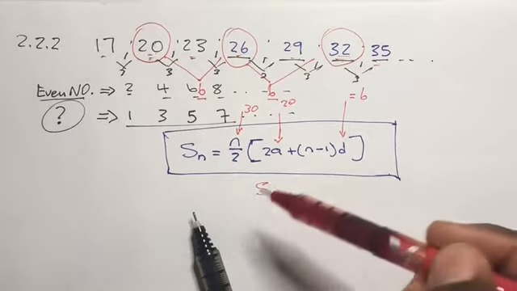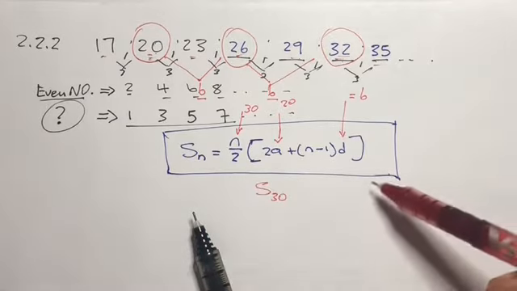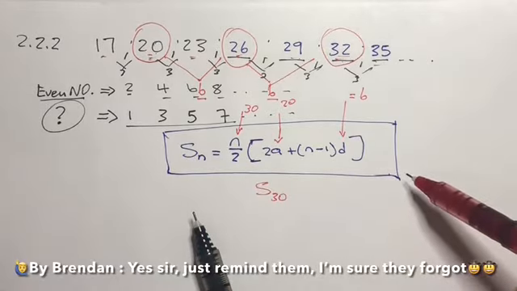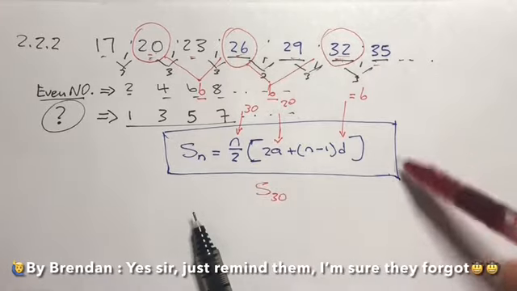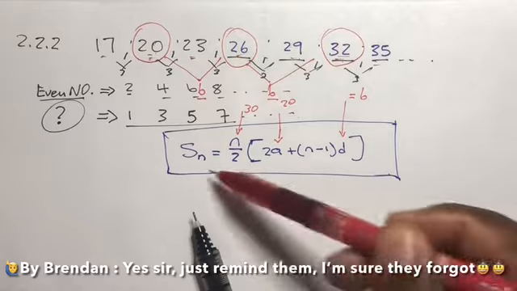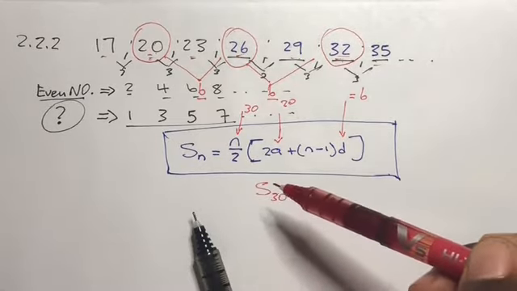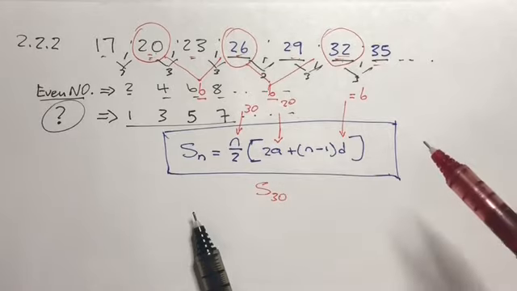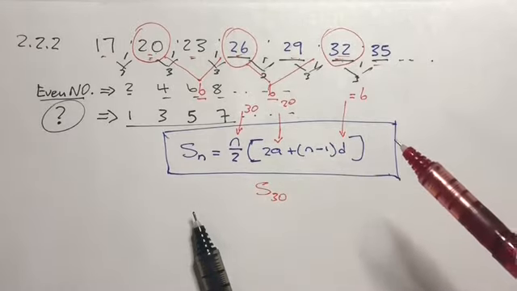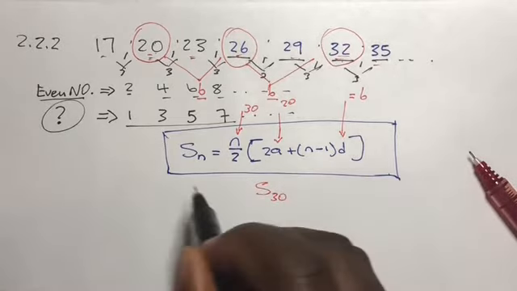So I'm not sure if there might be a need for me to explain this formula. I assume you already know that this formula, we use it to calculate the sum of the terms in a sequence. So obviously the next step, I'll just quickly show you the next step.